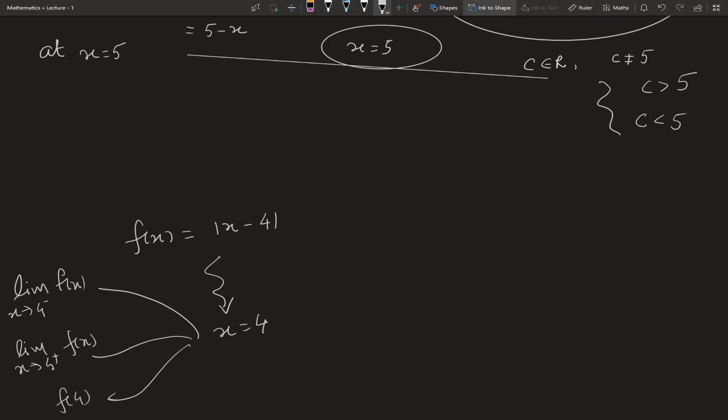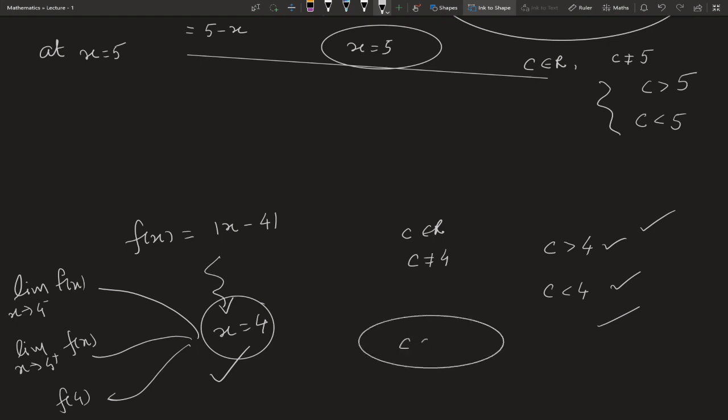If all three are equal, then the function will be continuous at x equal to 4. Then you have to take c belongs to R with c not equal to 4, and consider two cases, c greater than 4 and c less than 4. If it is continuous at x equal to 4 and for c greater than 4 and c less than 4, then we can claim that it is continuous at c belongs to R, and ultimately the function will be continuous on R.